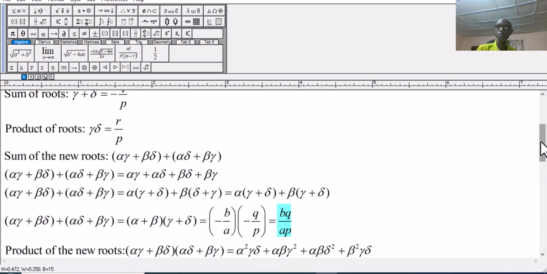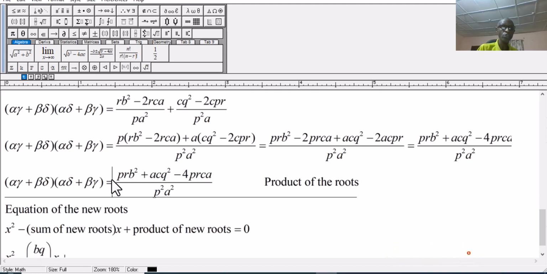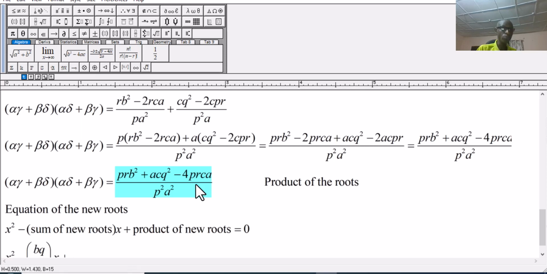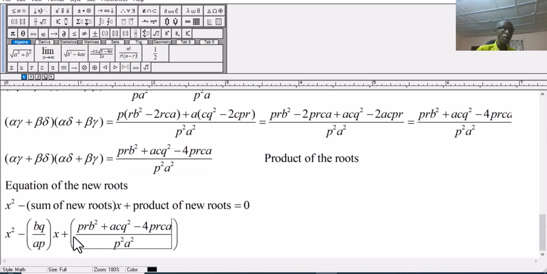So I'm going to copy that, to x plus the product of the new roots. We got this for the product of the new roots. I'm going to copy that also. And paste. Everything equals to 0.